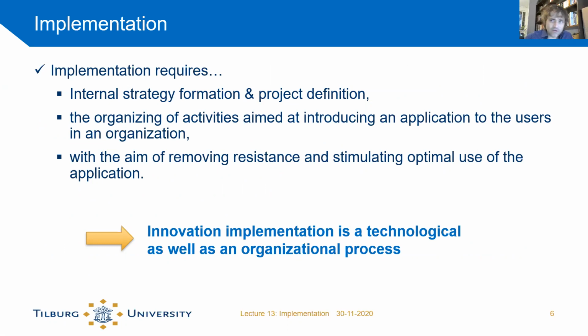And especially in larger projects, you have project management methods, such as Prince2 and other more recent agile methods, which are methods aimed at implementing change in an organization. So to formulate the strategy, formulate a project definition, and to formulate the exact steps and the exact plan you have to take in order to implement something in an organization.